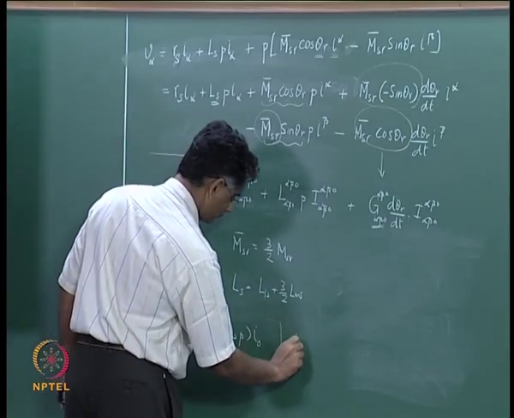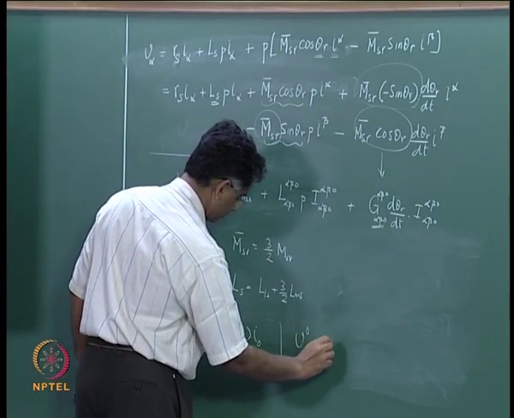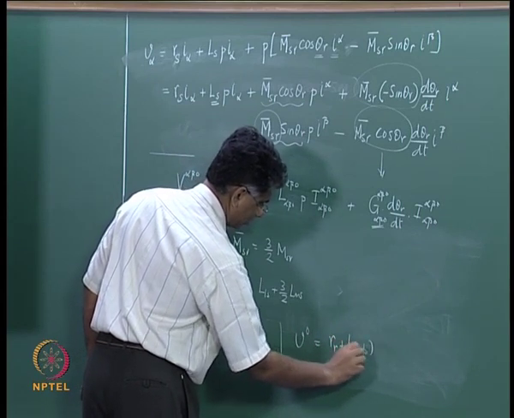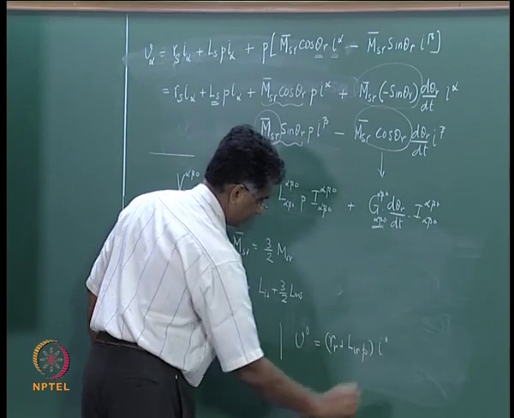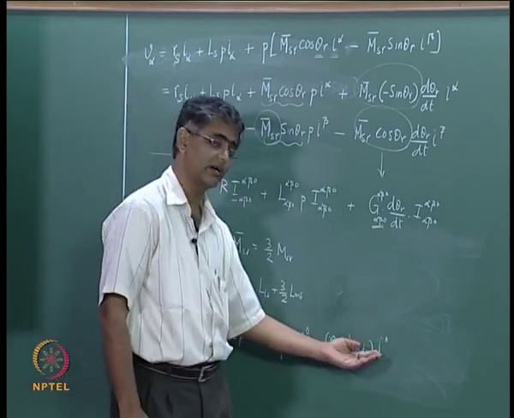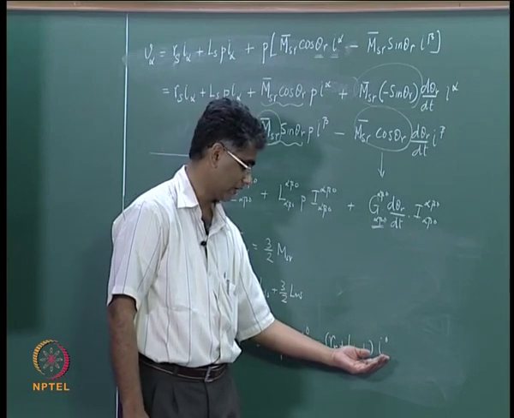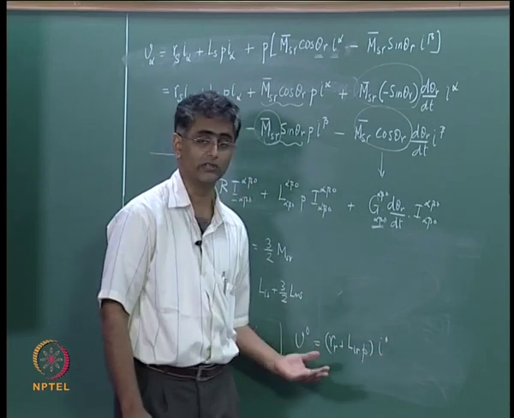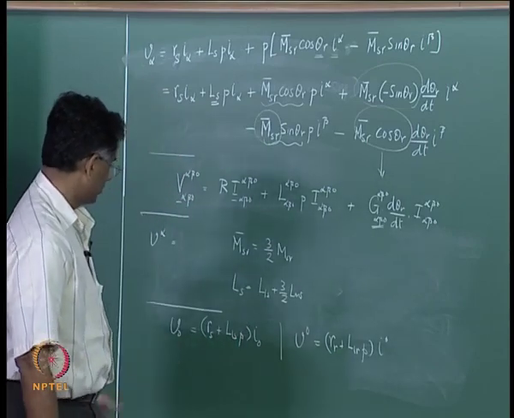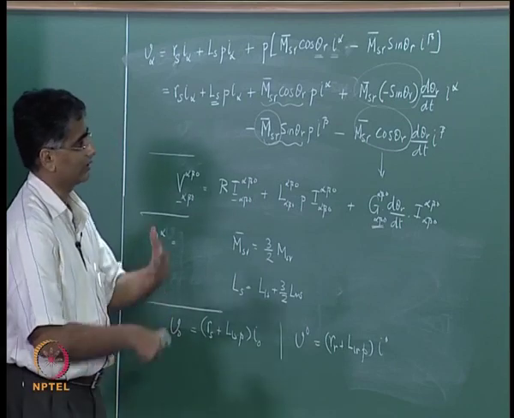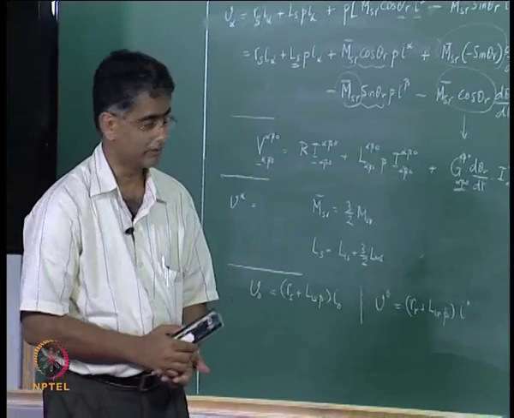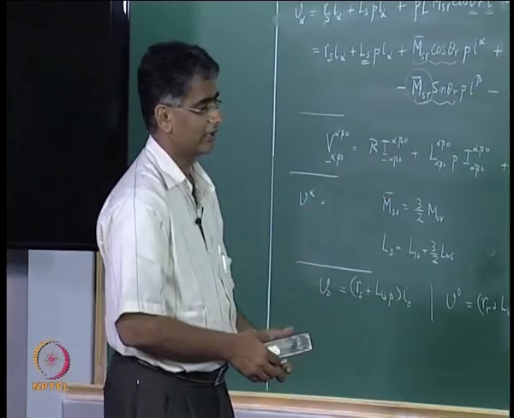Similarly, V0 for the rotor was Rr plus Llr P into I0 for the rotor. The alpha axis and beta axis currents of the rotor, I alpha and I beta, do not figure in this expression as well. So, if one remembers this also, one can complete the alpha beta 0 description of the machine from elementary ideas.